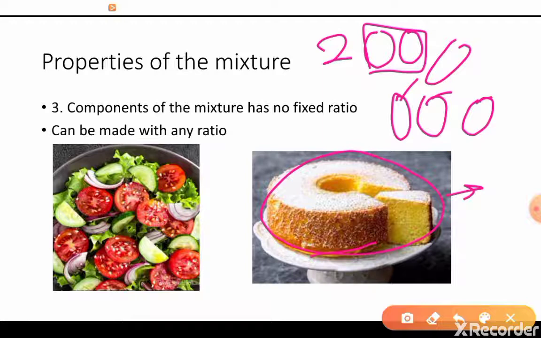Okay, the same components, if the ratio changed, egg and flour and milk and oil. Some ratios can make them a cake, other ratios can make them a crepe, other ratios can make them a pizza, and so on. So here I have to know the ratio to make it. But in the case of the salad, any ratio. Here I have a fixed ratio, but here we can make the salad with any ratio.